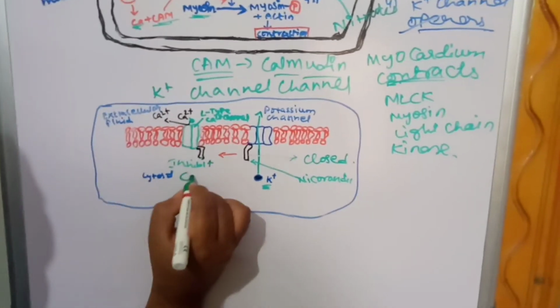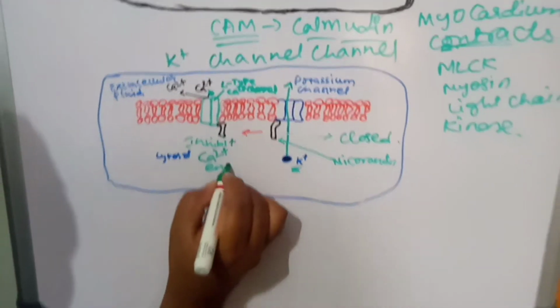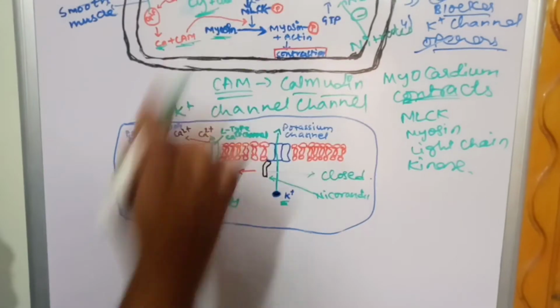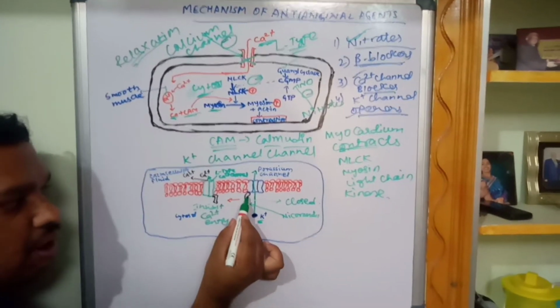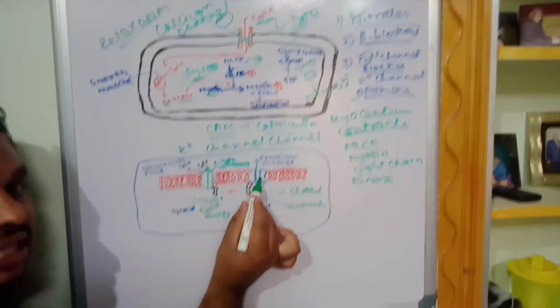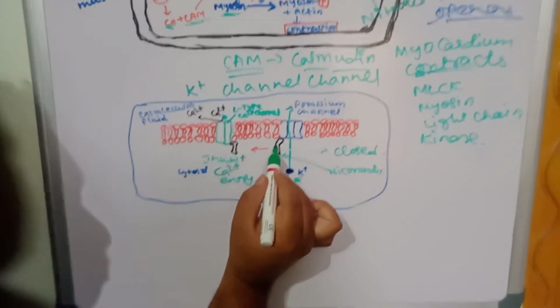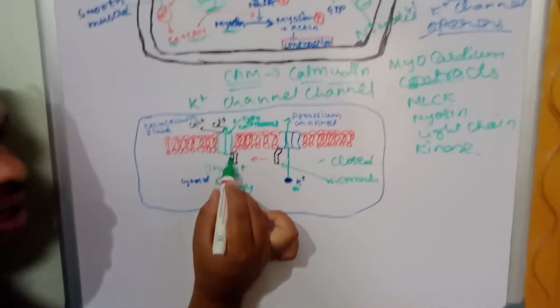Calcium entry is inhibited, and we have seen that if calcium does not enter, it will cause relaxation. Indirectly the calcium channel is blocked. How is it blocked? The key of the potassium channel gated receptor on the membrane is opened, and this key will go and close the calcium channel.